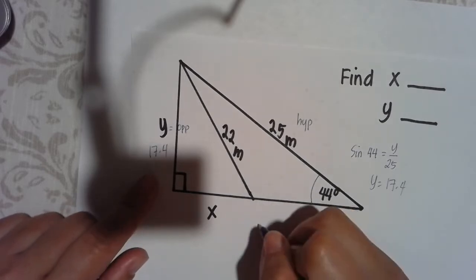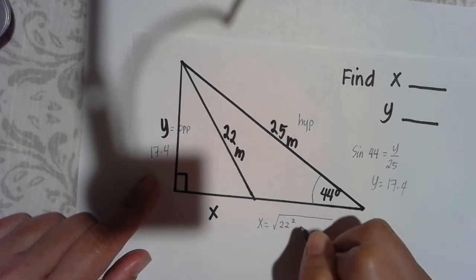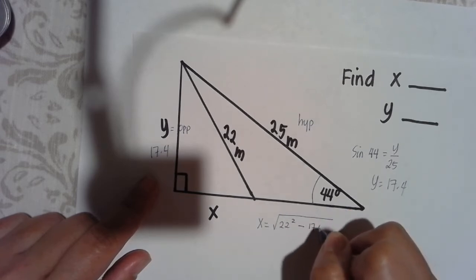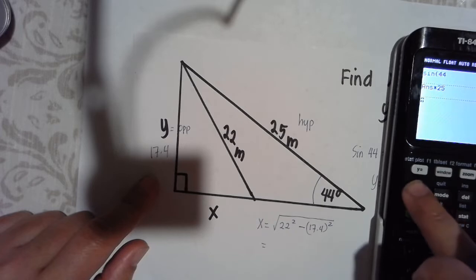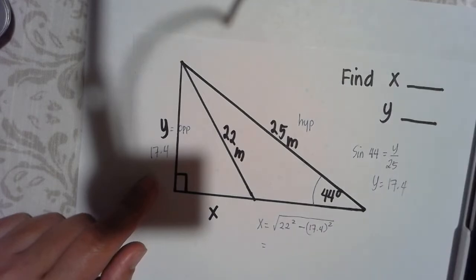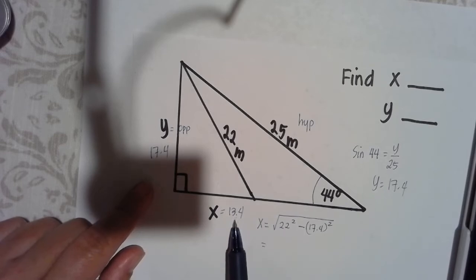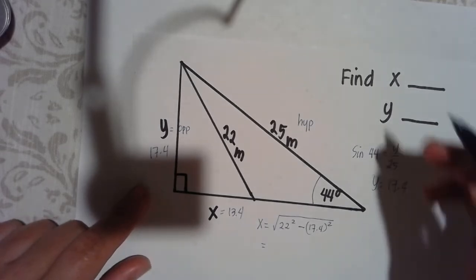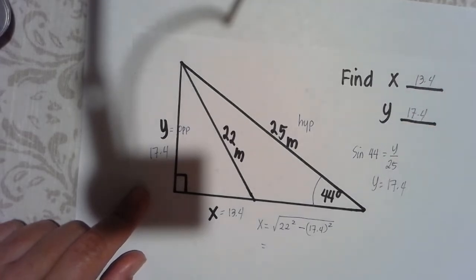Therefore, x is equal to the square root of 22 squared minus 17.4 squared, and that is 13.4. So your x value is 13.4, your y is 17.4.